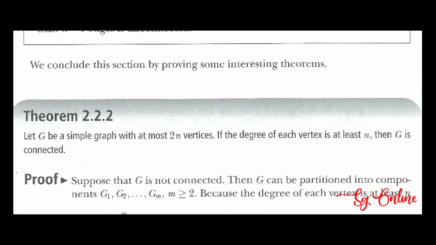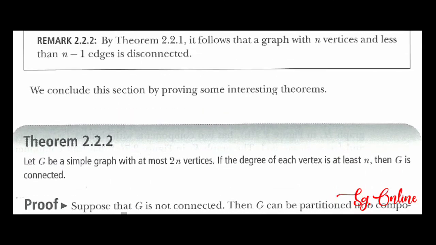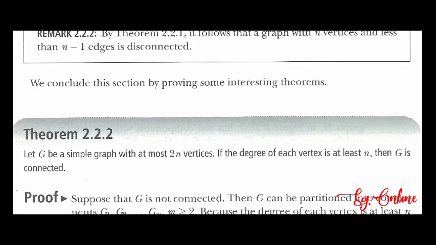The next result is a sufficient condition, and this sufficient condition is that if the degrees of vertices are sufficiently large, then the graph is connected. And the theorem is that, suppose it is a simple graph with at most 2n vertices, and if the degree of each vertex is at least n, then the graph is connected.